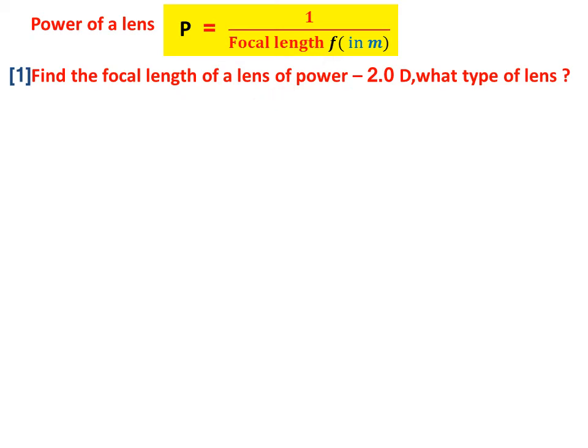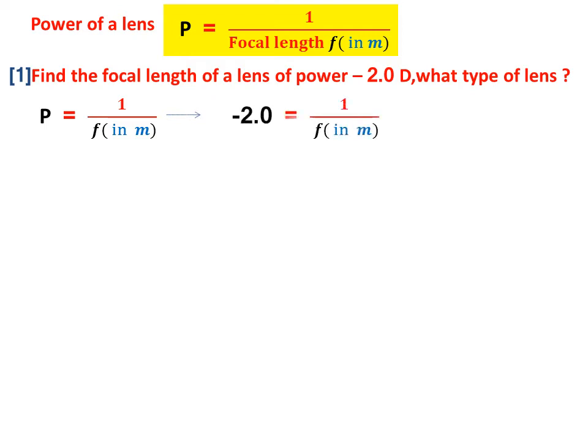Okay, now our first numerical is: find the focal length of a lens of power minus 2.0 diopter. What type of lens? We know that the power of lens P is equal to 1 upon focal length f. So put the value of P here. P is equal to minus 2.